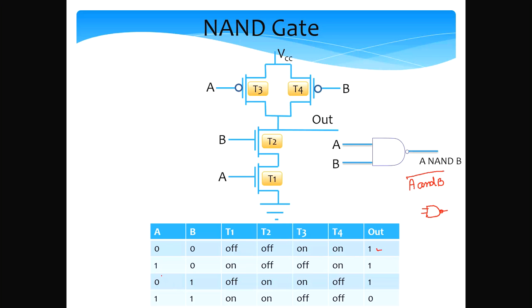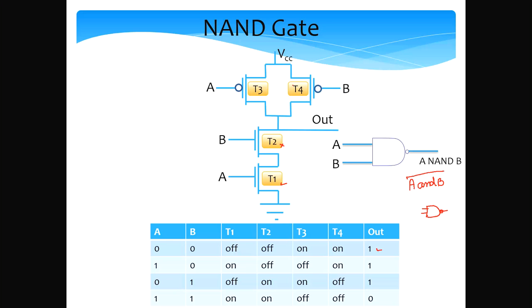Let's consider the case where A is 1 and B is 0. If A is 1, then transistor T1 is conducting, but transistor T2 is off. As we had mentioned in the last slide, when two transistors are connected in series, if one of them is turned off, current is not going to flow via that line. So we can assume that the output terminal is disconnected from the ground. But let's take a look at T3 and T4. That's more interesting. Since A is 1, T3 is turned off.